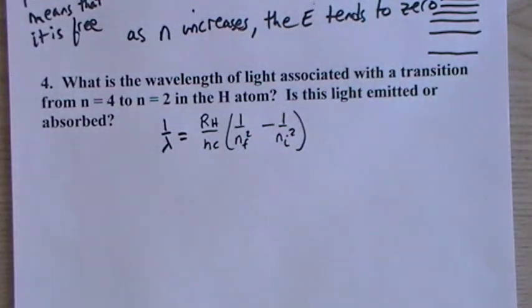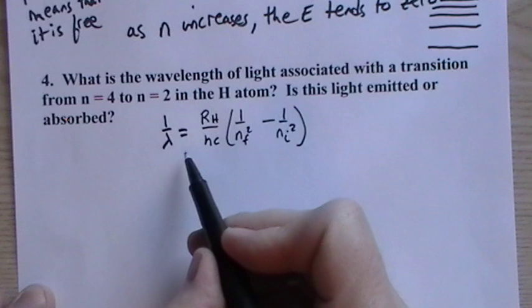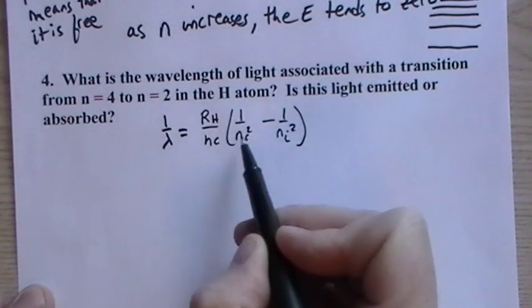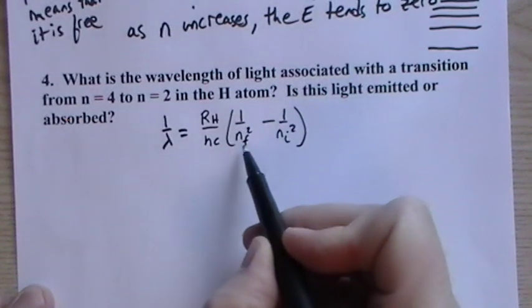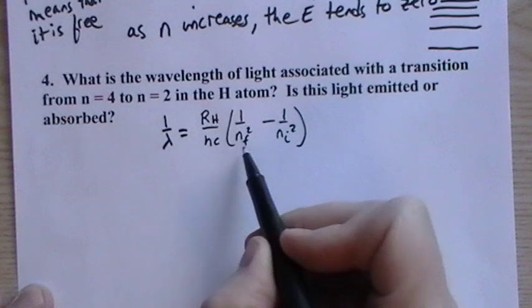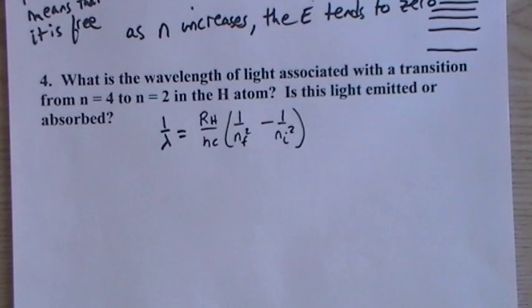This is the equation that we're going to use. 1 over the wavelength of a transition is equal to the Rydberg constant over hc, times, in the parentheses, 1 over the final energy level squared minus 1 over the initial energy level squared. And those are going to be integers.